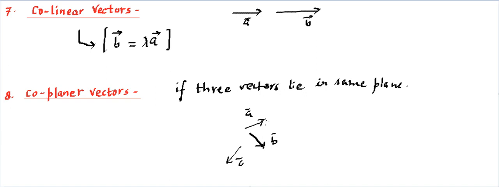So coplanar means they lie in the same plane. Later on we will be finding a condition for vectors to be coplanar. So these types of vectors you need to keep in mind, this terminology is going to be important in order to read the question and solve the question. Okay.